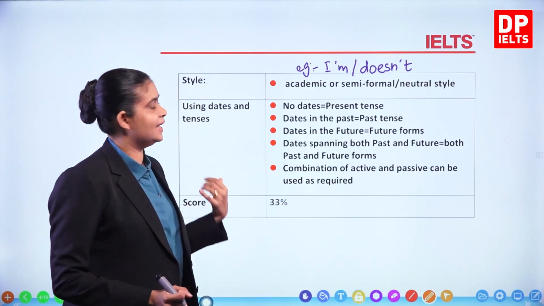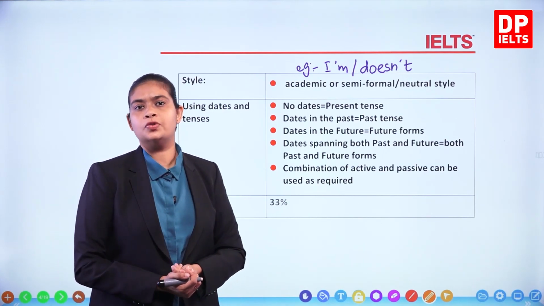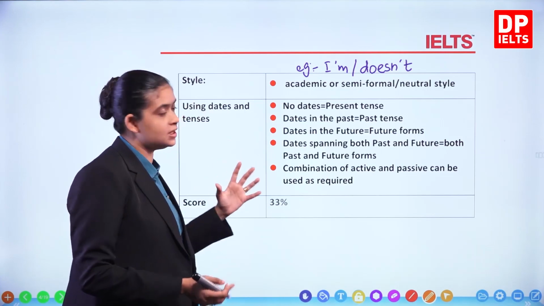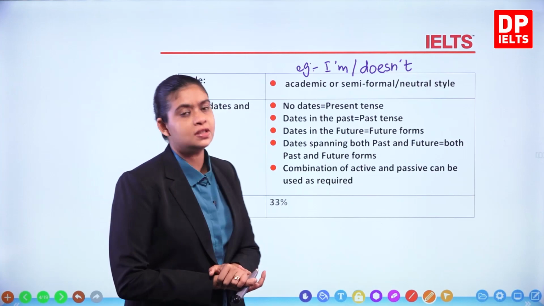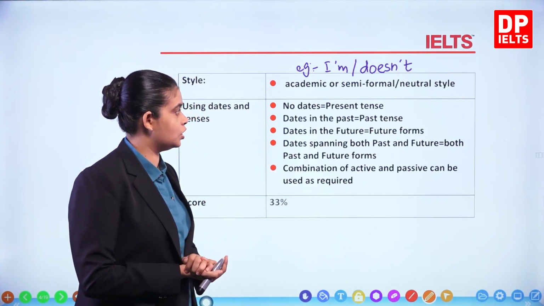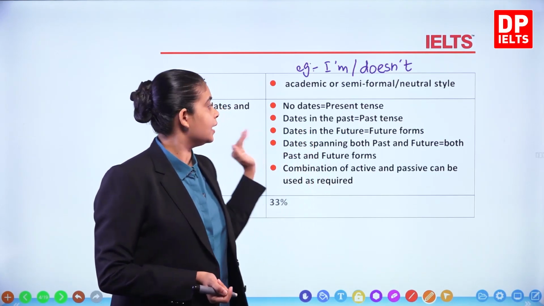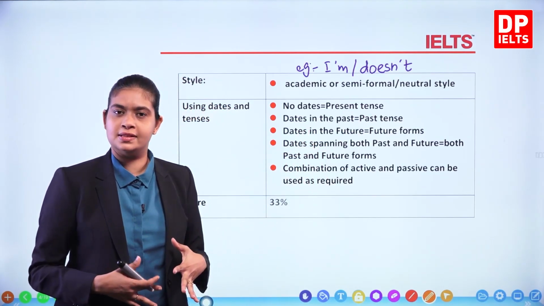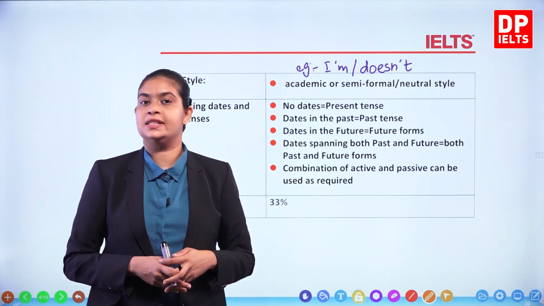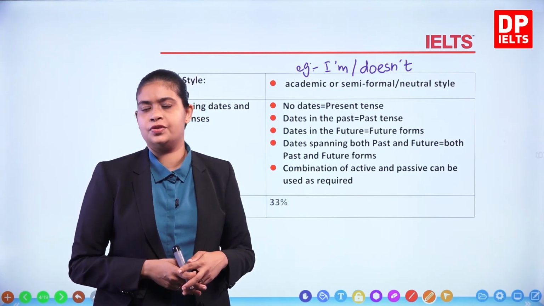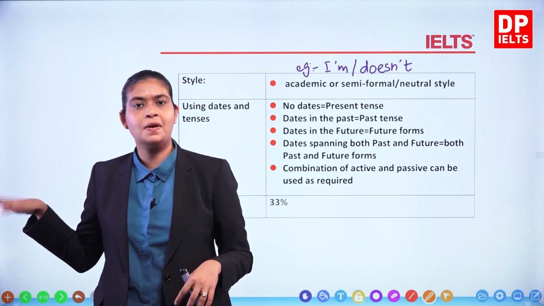Using dates and tenses. Now, this is another important question which most students ask me, so I thought I'll put it here at the start. If the dates are not given to you, no dates are mentioned, use the present tense. If the dates are in the past, example, now this is 2022, if they're talking about 1985, 1986, 2002, 2008, they are dates in the past, years in the past.